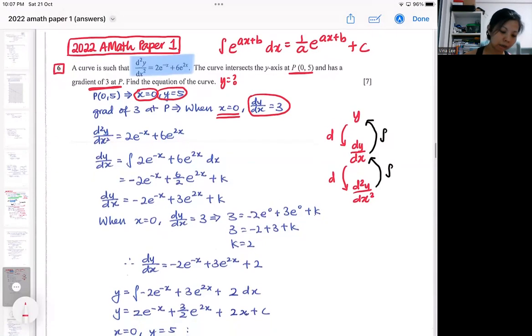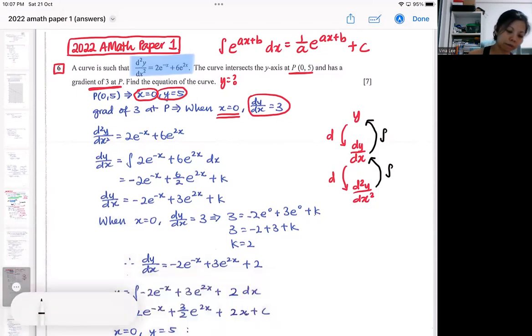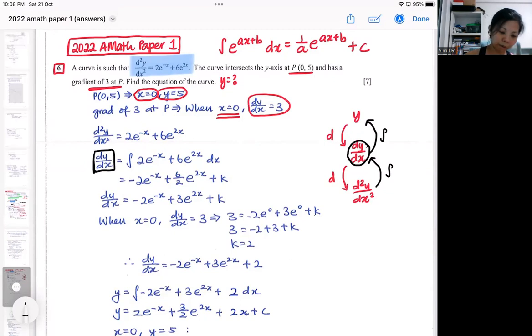Okay, so let's think about the first layer of integration first. I will be integrating my second derivative to get my dy/dx. So now my focus is to get my dy/dx. If you look at the formula, in this case, a is equal to -1, and then in this case, a is equal to 2.